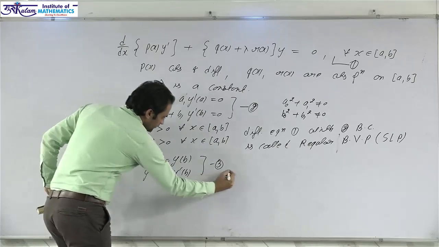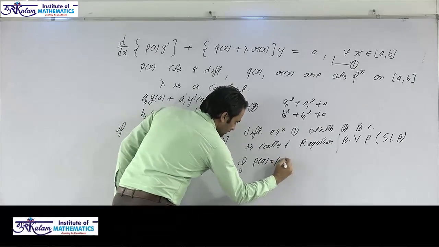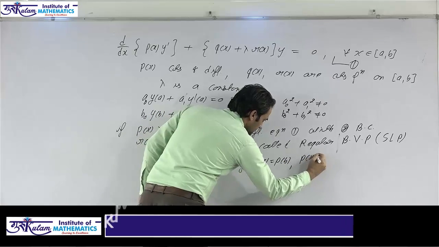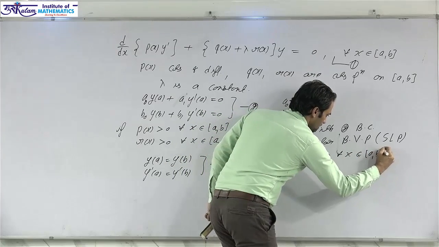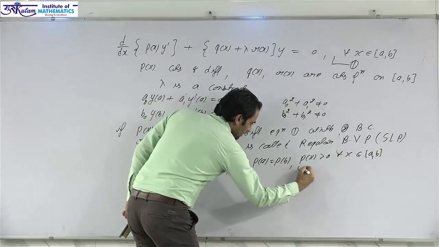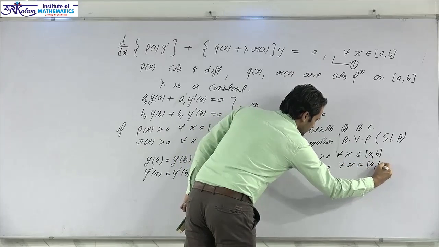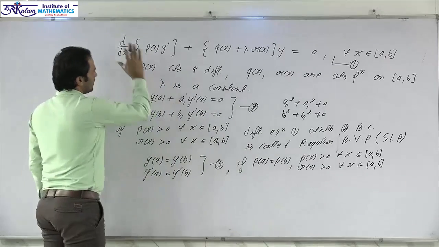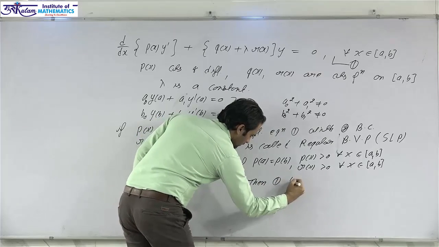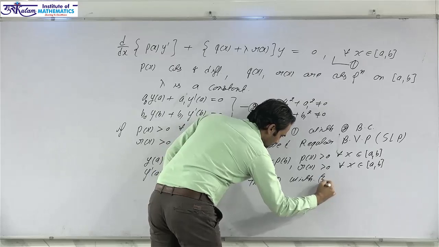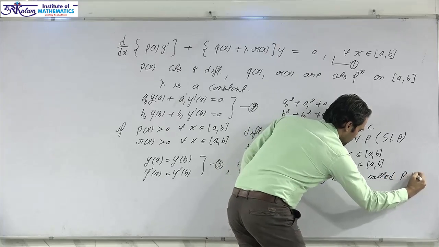That is, if p of a is the same as p of b, and p of x is greater than 0 for all x belonging to the closed interval a b, and r of x is greater than 0 for all x belonging to the closed interval a b, then this differential equation 1 with the third boundary condition is called a periodic boundary value problem.